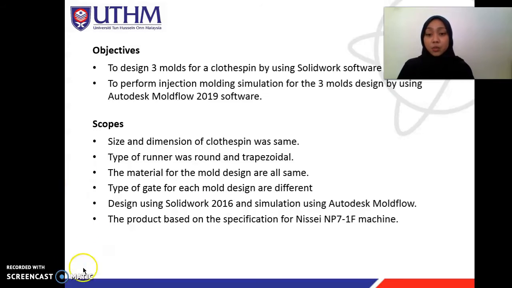The types of runner are round and trapezoidal. The material for the mold designs is the same. The type of gate for each mold design is different. And the design uses SolidWorks 2016 and the simulation uses Autodesk Mold Flow. The product is based on the specification for the NESE NP7 1F machine.